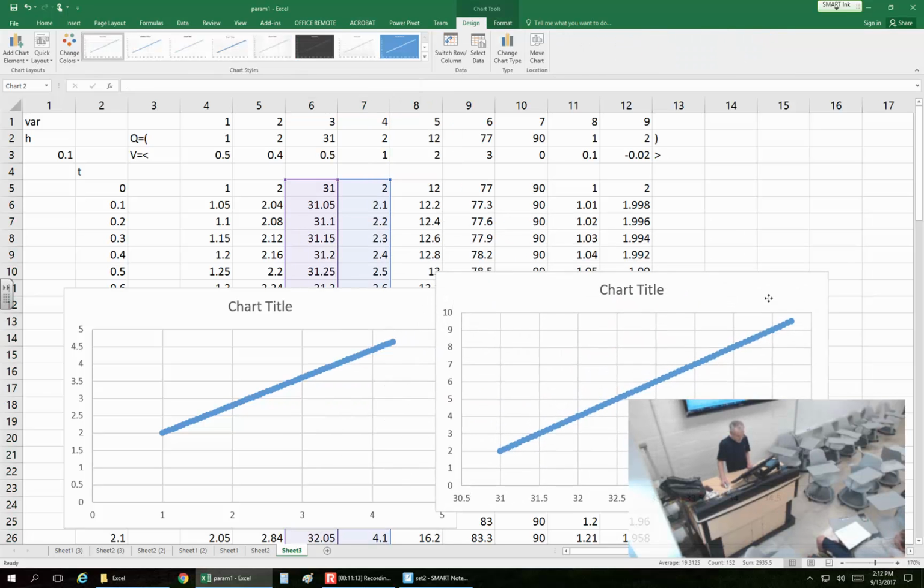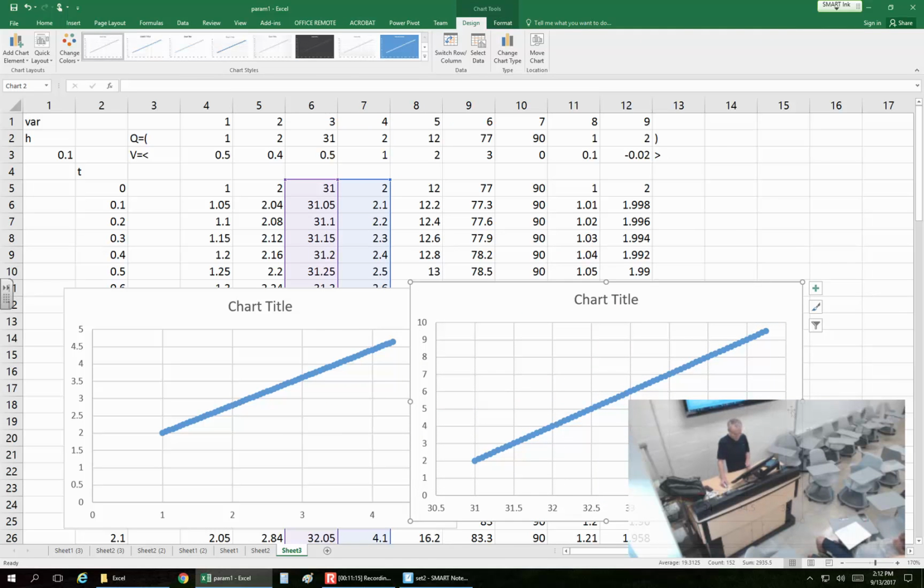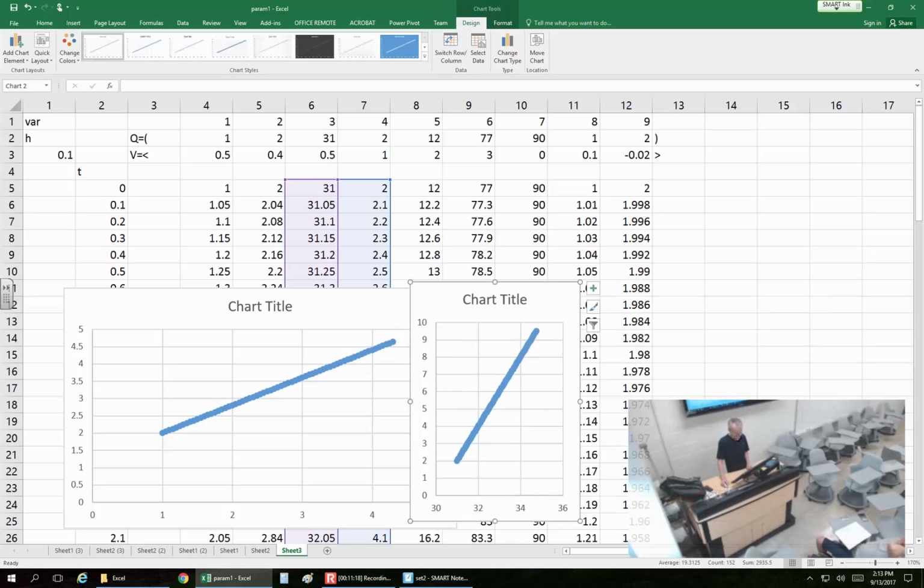Okay, so they look similar only because Excel resizes it. But otherwise they certainly have possibly different slopes. But what is the meaning of these 2 lines?